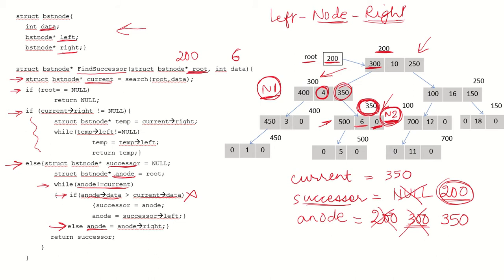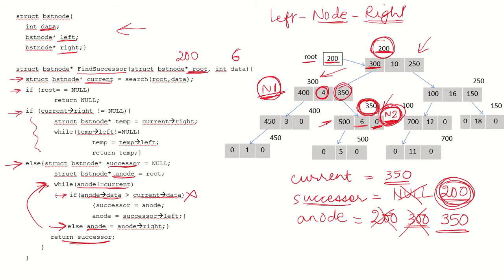So anode will be changed to this value 350, because that means that N2 is in the right subtree of N1. Now we go back to this while statement again and again check, is anode not equal to current? But in this case anode is equal to current. So we are out of this loop. That means we have found our successor, and our successor is 200, which is the root node, because N2 does not lie in the left subtree of N1.